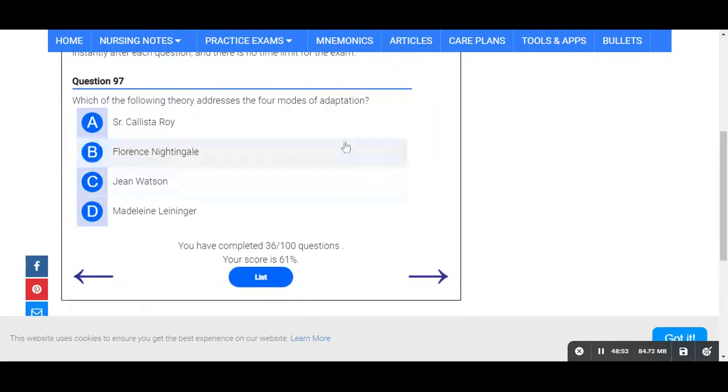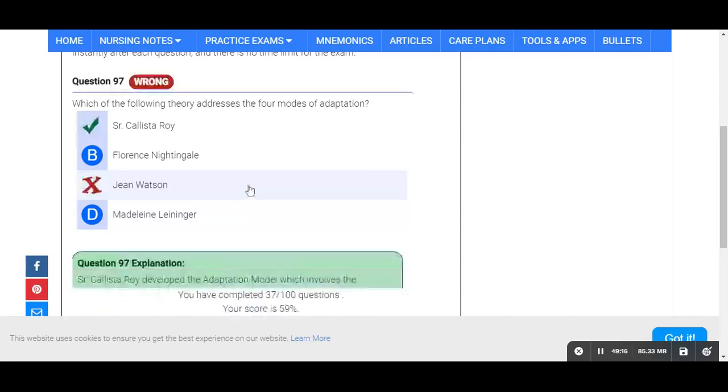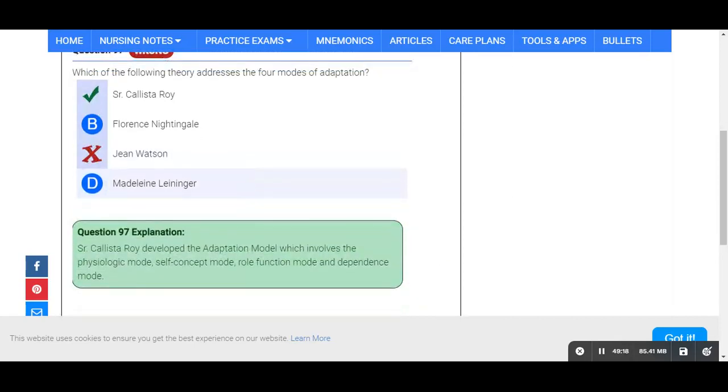Which of the following theories addresses the 4 modes of adaptation? Callista Roy, Florence Nightingale, Jean Watson, Madeleine Leininger. So we're only talking between Callista Roy and Jean Watson. I don't want to get this wrong. 4 modes of adaptation. Oh, it's actually Callista Roy.